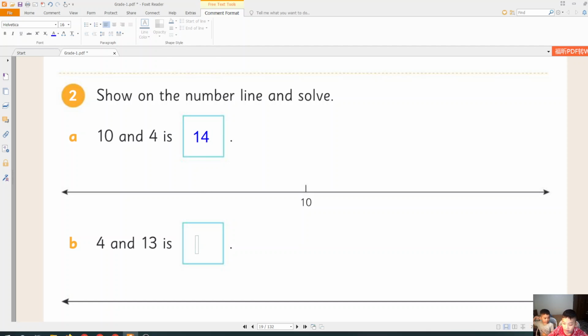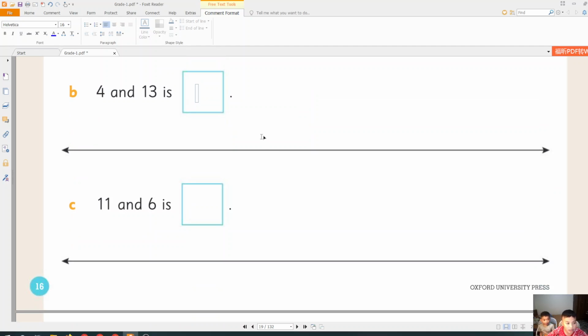Next, 13 plus 4 is 13, 14, 15, 16, 17. Our correct answer is 17.